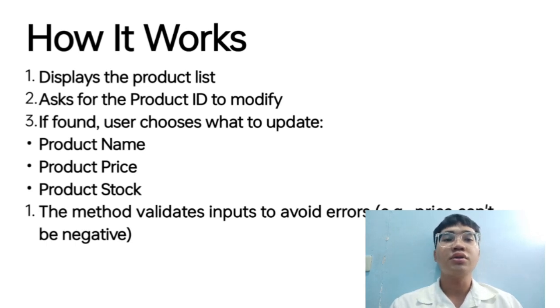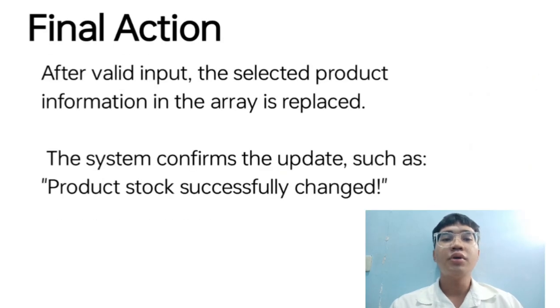Once the user enters a valid update, the product's information inside the 2D array is replaced. After that, the system shows a message confirming that the update is successful. If the product does not match any item, the method informs the user that it was not found.